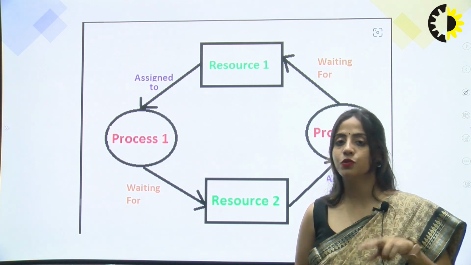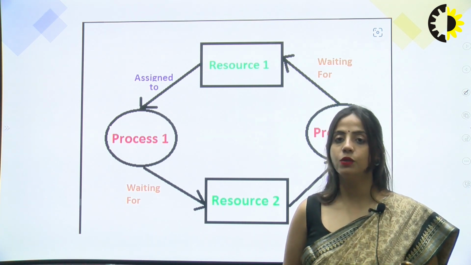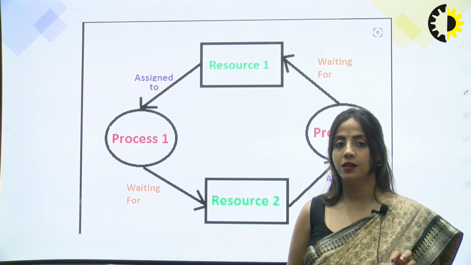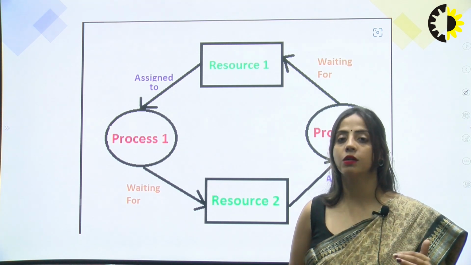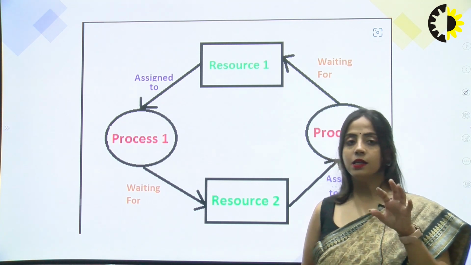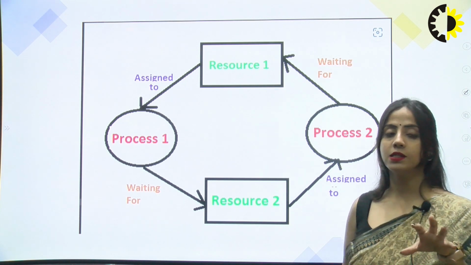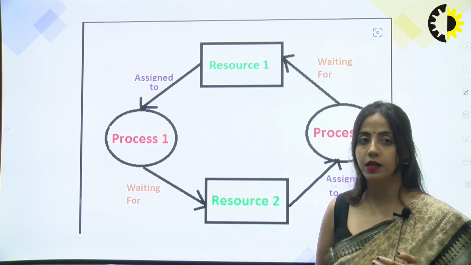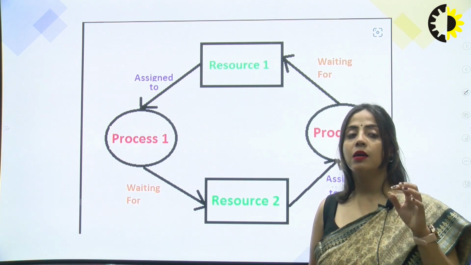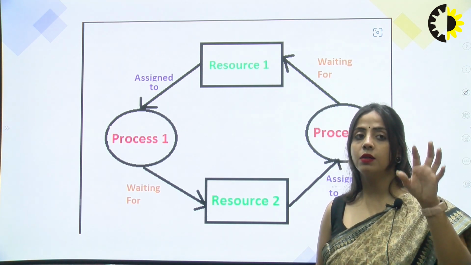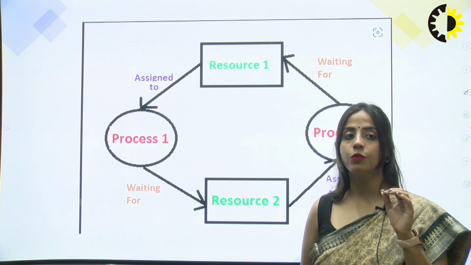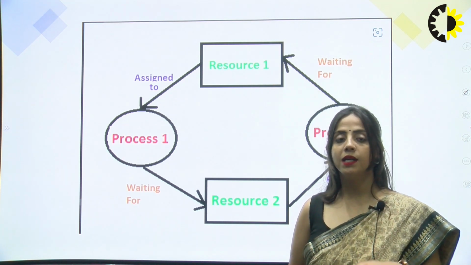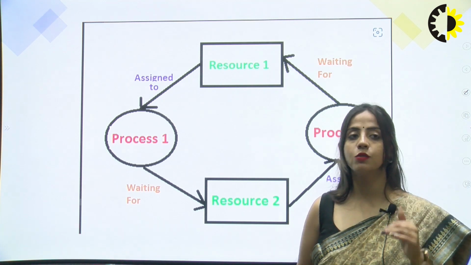In this kind of situation, neither of you is agreeing to the other's condition. This is termed as deadlock. Through this example, you can see that process 1 already has resource 1, but it is waiting for resource 2.